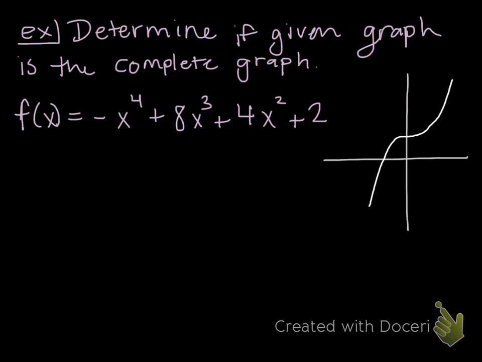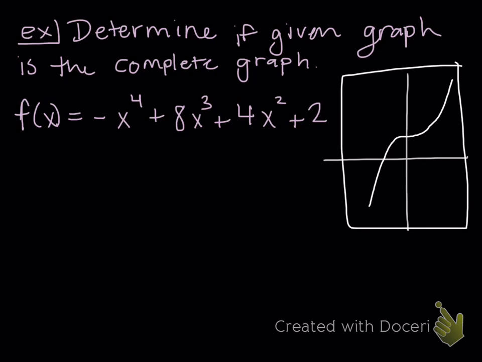So here is another problem where the textbook is giving you this picture. So this is the graph that's supplied to you, and they want to know if this is the whole graph or if it's zoomed in. So I need to, again, look at the first term. I have a negative a value, and my power is even. So this is negative, my power is even, so I know the end behavior is supposed to be down, down.